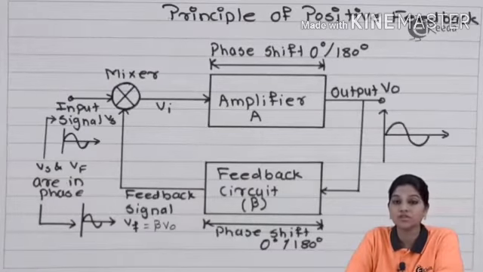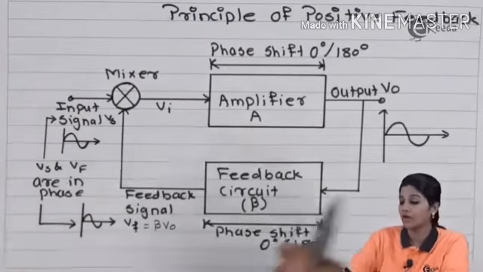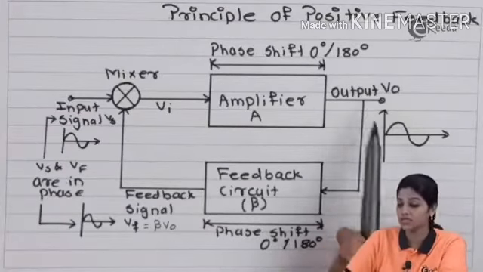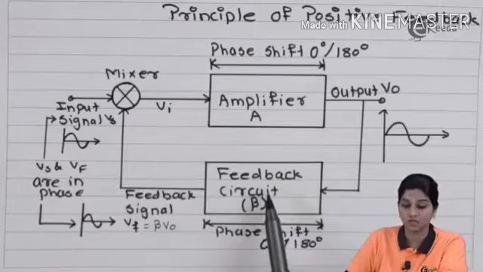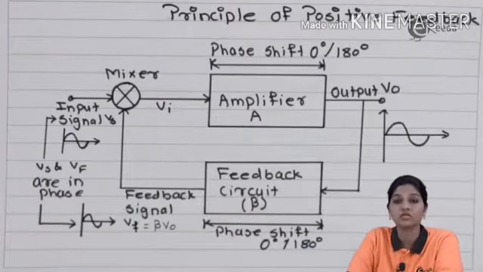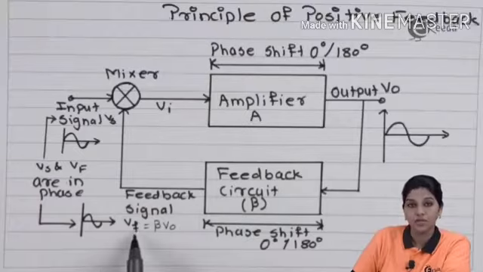The amplifier circuit does not introduce any phase shift. That means the phase shift introduced by the amplifier circuit is 0 degrees. The output of the amplifier is called the signal Vo. The signal Vo acts as an input to the feedback circuit. Now the feedback circuit has a feedback factor, or we can say a feedback gain, of beta, and it produces the feedback voltage called Vf.